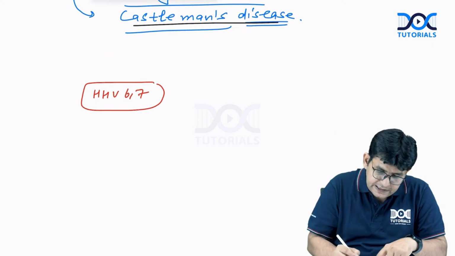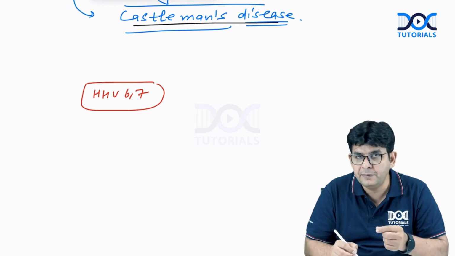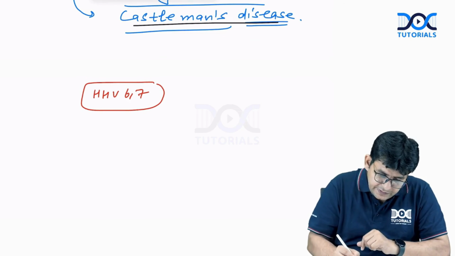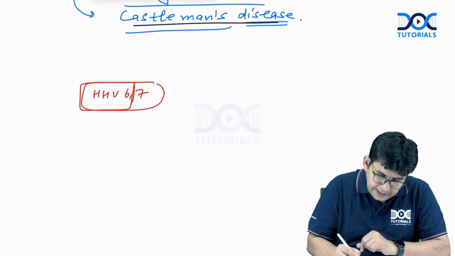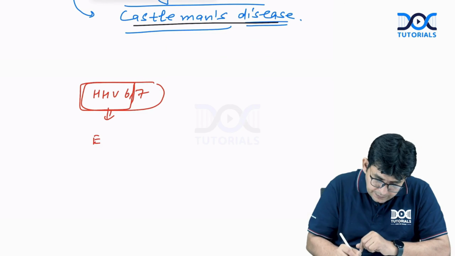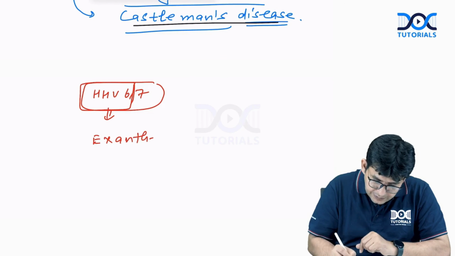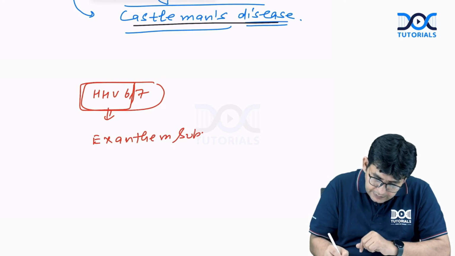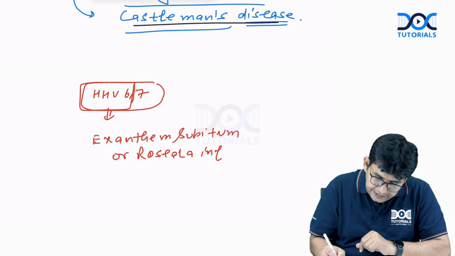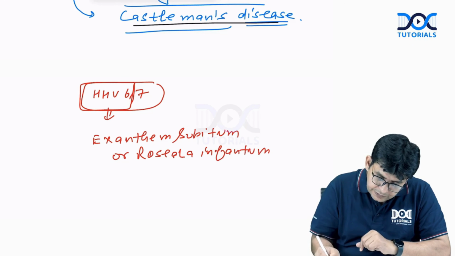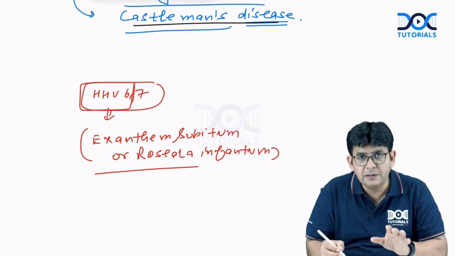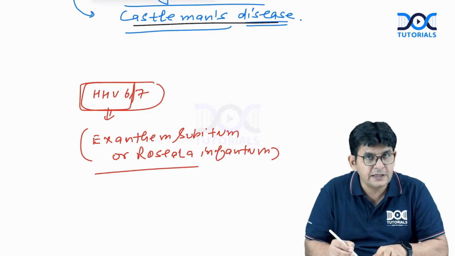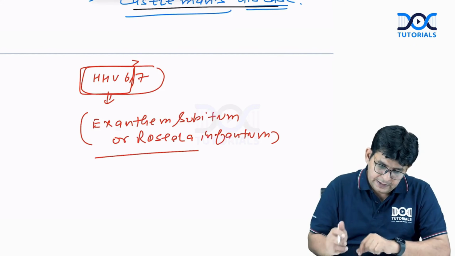Now there were two names, HHV 6 and 7. HHV 6 and 7, they don't have any name, first of all. And HHV 6 mainly leads to exanthem subitum or roseola infantum. Means both of them do, obviously more is HHV 6. Fine.